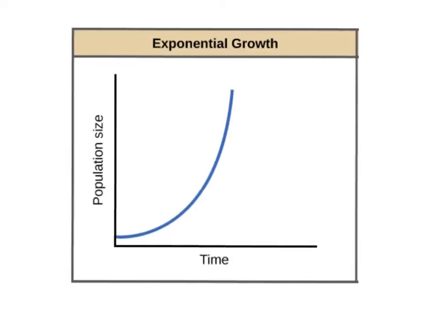So that sort of process leads to a number of infected people that increases at an increasing rate over time. Sort of like what we've got here, time on the horizontal or x-axis, the number of infected people, the population size on the y-axis, and you'll see it's increasing at an increasing rate.